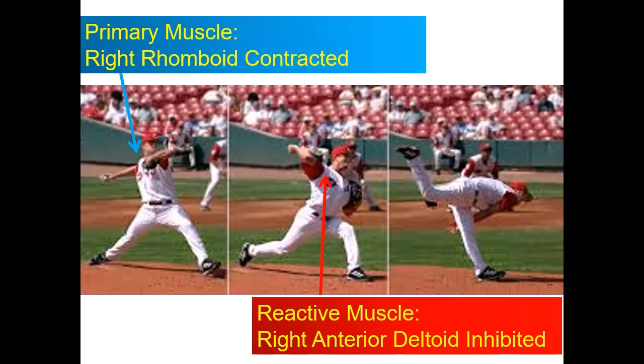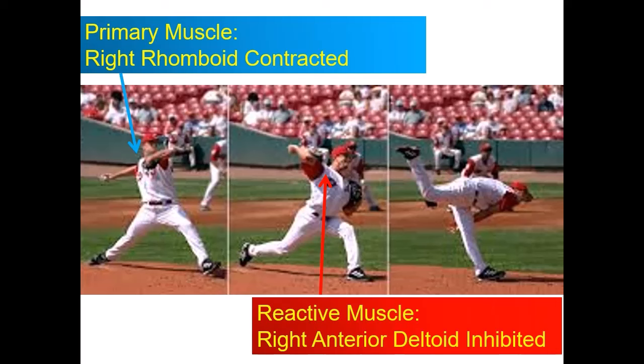We see reactive muscles in many athletes, especially where no cause of their injury can be found. Consider a baseball pitcher. When throwing a ball, the anterior deltoid and pec major are prime movers, but in preparation for throwing, the rhomboid muscles contract to pull the arm back and stretch the anterior deltoid and pec major.